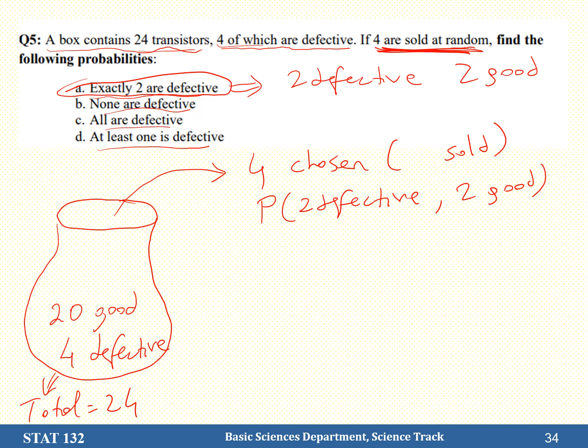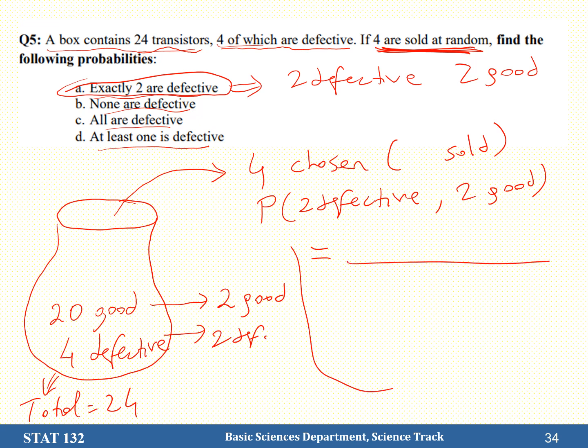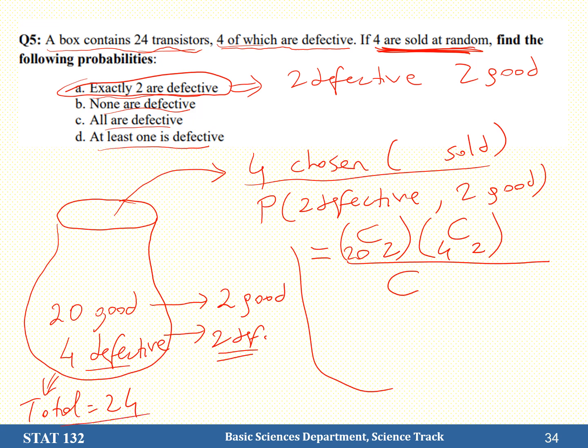So this probability corresponds to choosing 2 good from 20, and 2 defective from 4. So we can write here the probability is the number of ways of choosing 2 from 20 times choosing 2 from 4, and divide by choosing 4 out of 24.